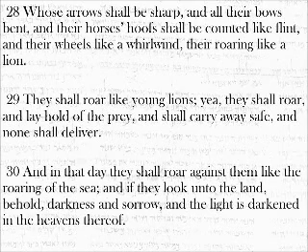He talked about their horses' hooves counted like flint, and their wheels like a whirlwind, and their roaring like a lion. Obviously, this is the Assyrians coming in to wipe everybody out, but also it might be double coding for missionary work. We were just talking about the gathering briefly a few verses ago, and I read a talk that said that horses' hooves counted like flint.